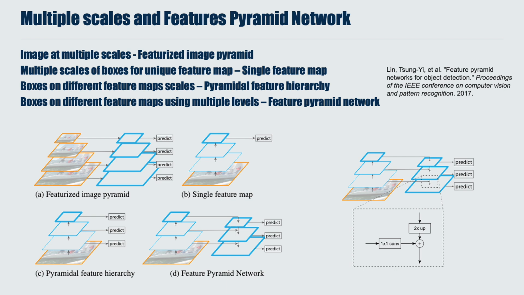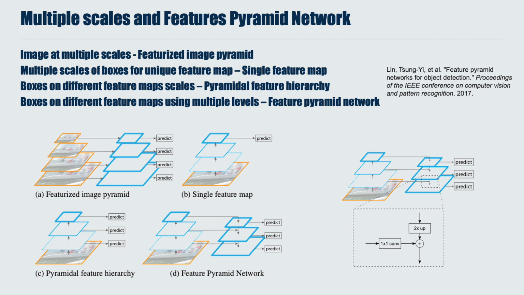We have seen earlier the question of getting the image at different scales, so putting the image at normal scale, then downsampling by 2 and further by 2 and further by 2, for instance.